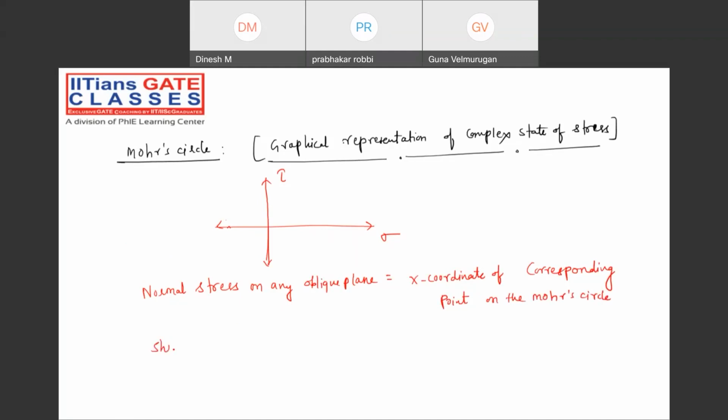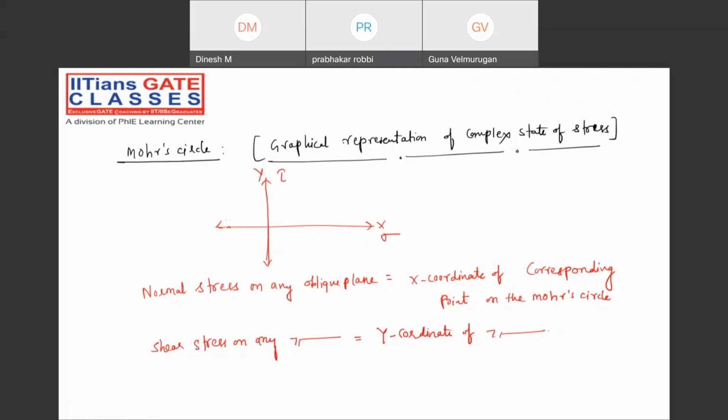The shear stress on any oblique plane will be the y coordinate of the corresponding point on the Mohr circle. Note down. That means simply the x-axis will represent normal stress, the y-axis will represent tau. I will show you by example. Do not worry at all.